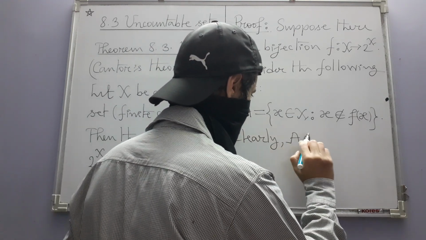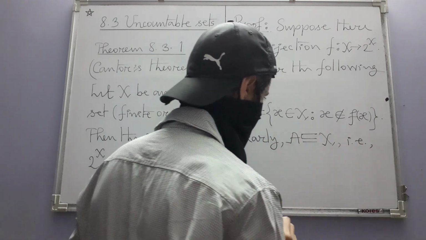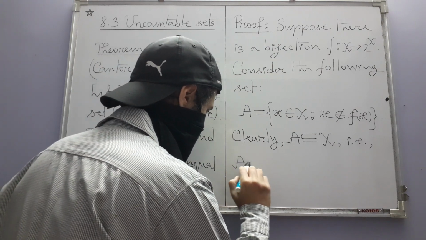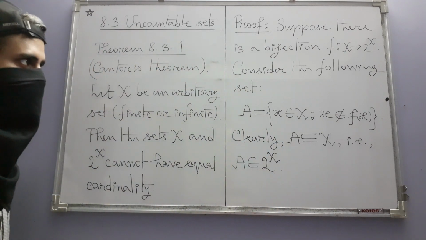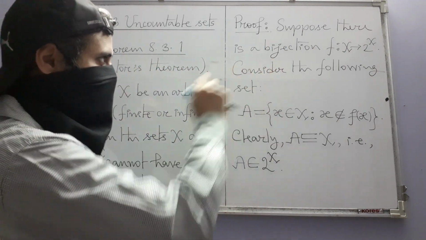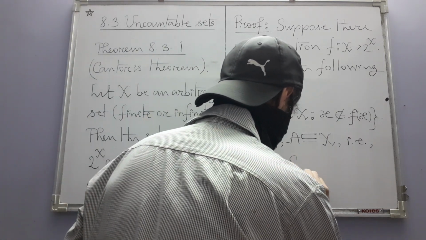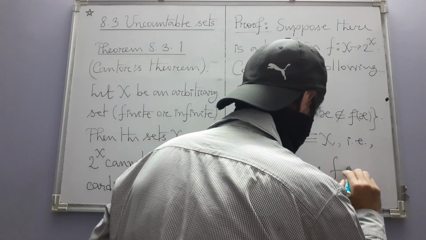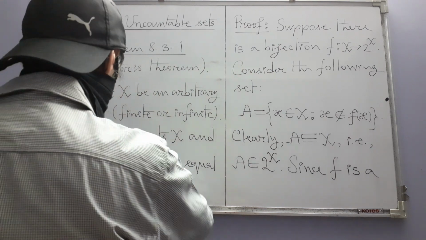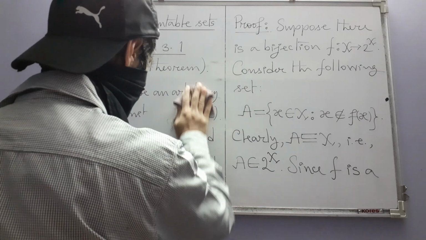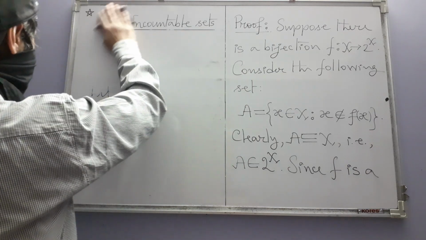Clearly, A is a subset of X, i.e., the same thing as A being an element in the power set of X. Now, since f is a bijection, f is a surjection also, it's an onto function. So this A being an element in the range will be an output of f for some input.